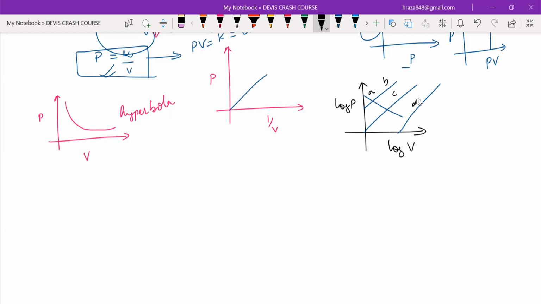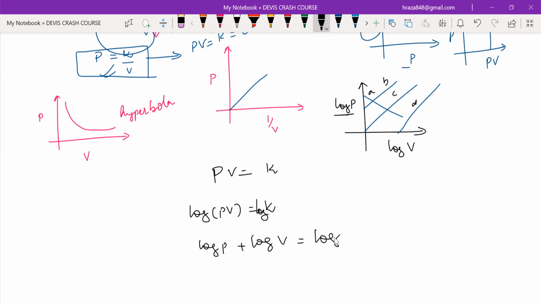Okay. Let me just check. We have this PV is equal to K, right? So if PV is equal to K, log PV we can write is equal to log K. Then we can write log P plus log V, that will be equal to log K, right?